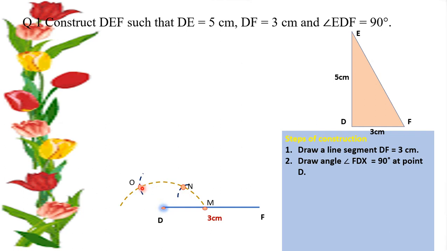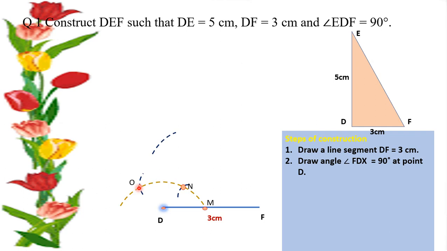So again open the compass, place the pointer at point O, and open it for more than half of the length of arc ON, not equal to ON.